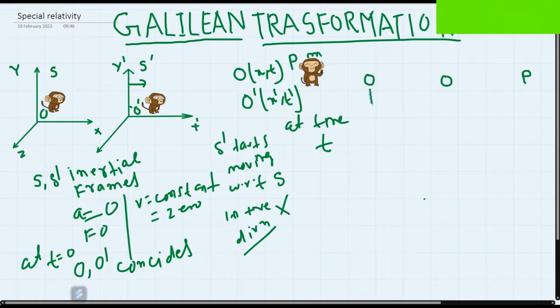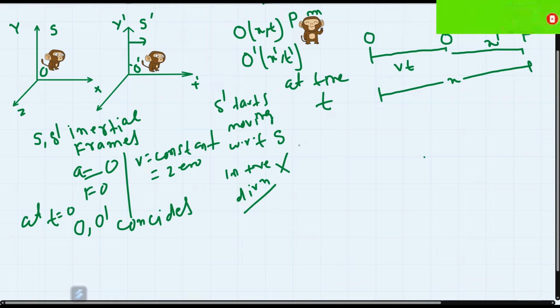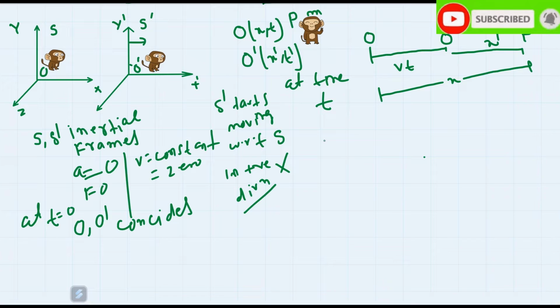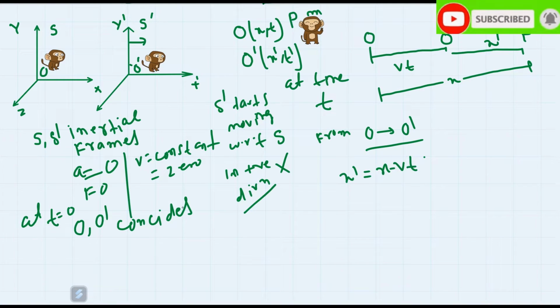You can see that for time t, the distance between O and O prime is Vt, and the particle has coordinate x prime with respect to O prime and x with respect to O. So you can write x prime equal to x minus Vt, and then y prime equal to y, because there is no motion in y and z.